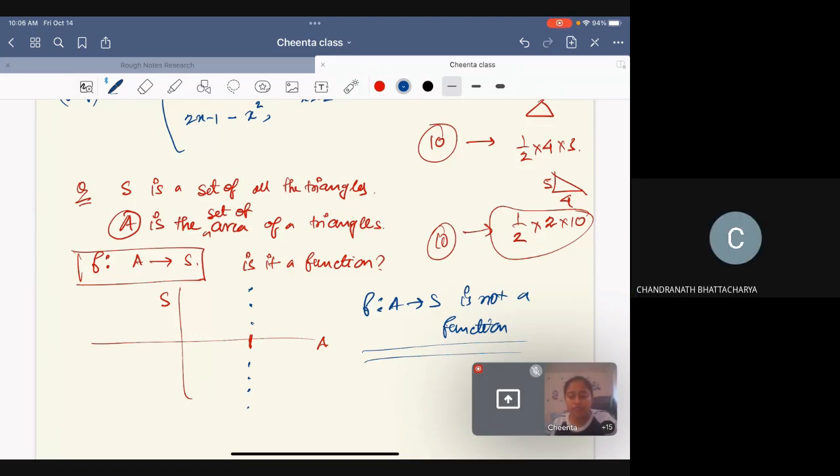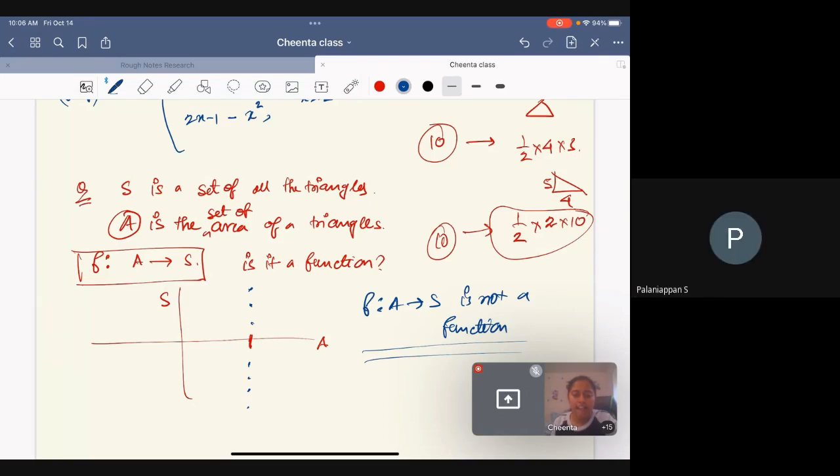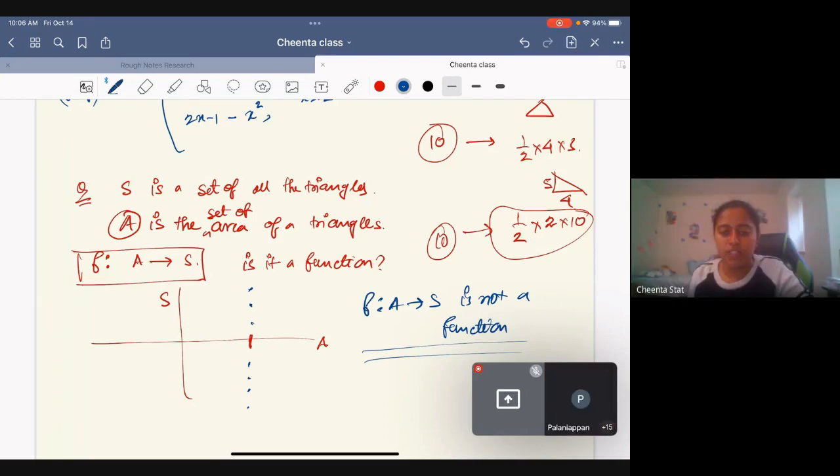Yes, ma'am, my doubt is clear. Palaniappan, you got it? Yes. If you want to prove that it is not a function, give a counter example: for a single value of A, you can generate multiple values in the codomain. Then your claim is proved.